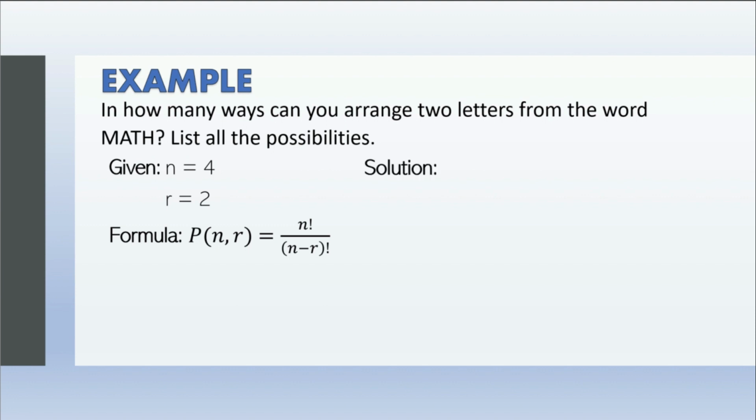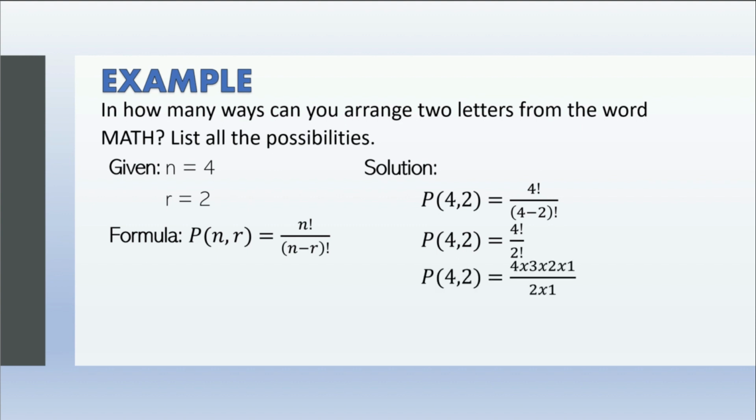We have permutation of 4 objects taken 2 at a time is equal to 4 factorial over 4 minus 2 factorial. 4 minus 2 is equal to 2 factorial. And 4 factorial means 4 times 3 times 2 times 1, while 2 factorial is equal to 2 times 1.